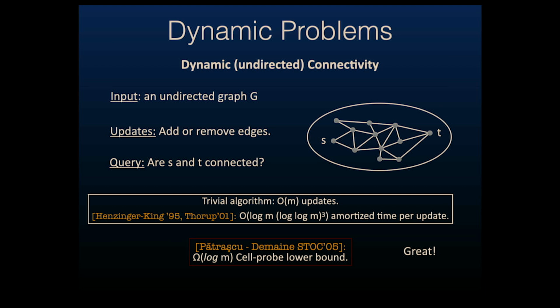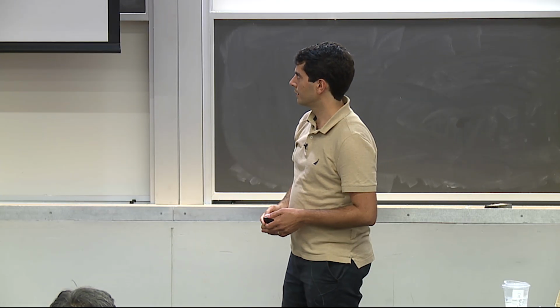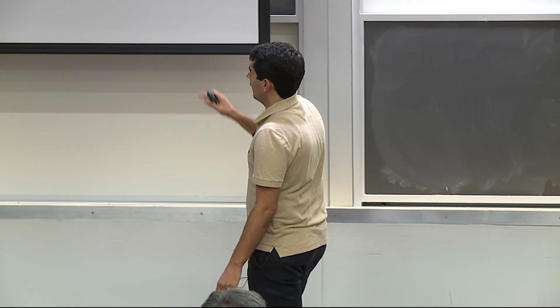But there are some famous results from the 90s that give polylog time for the updates and the queries for this problem. People have been improving the polylog, but the point is that it's very fast to maintain. Link-cut trees and some fancy stuff and so on. And so that's great.